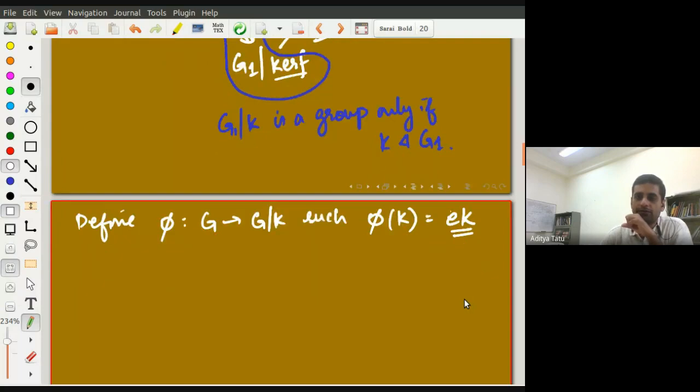Now, can you define what the homomorphism would be? What should this be?